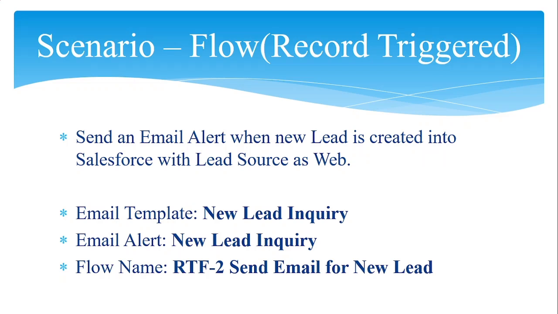Our flow name is record triggered flow 2, as this is the second scenario of record triggered flow: record triggered flow 2, send email for new lead. So let's do this.